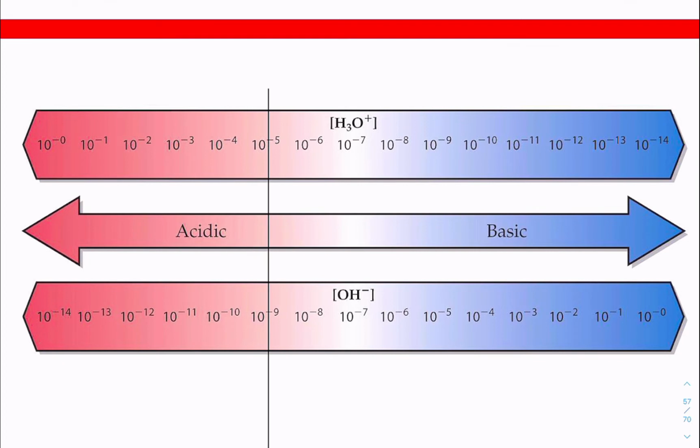If we multiply those together, 10 to the minus 5 times 10 to the minus 9 equals 10 to the minus 14. So if you move anywhere on the scale, multiplying the H3O plus concentration by the OH minus concentration will always give you 10 to the negative 14.